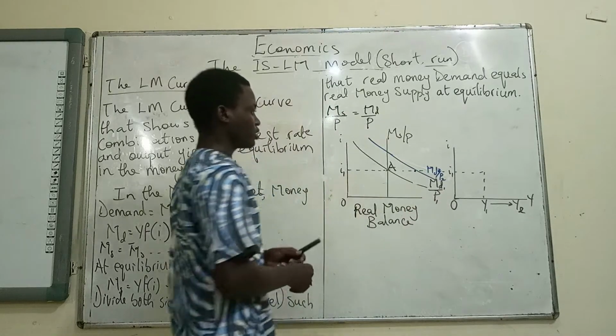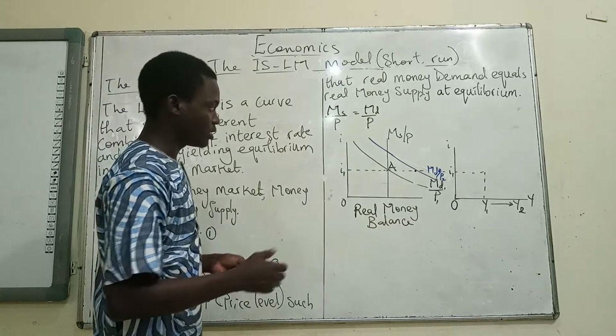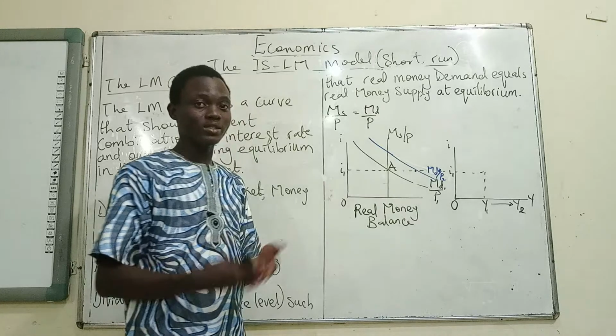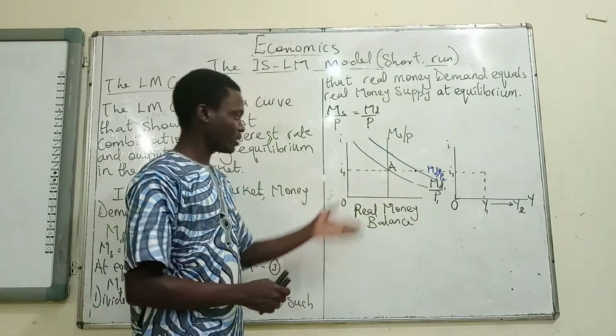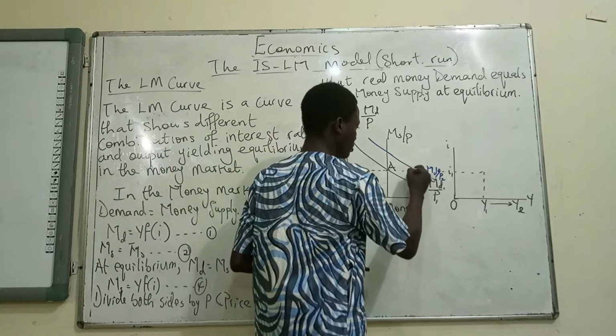We have a new real money demand curve, simply because it was Y that changed. At the initial interest rate, if Y changes, there is going to be an increase in money demand. So we move from point A to point B.